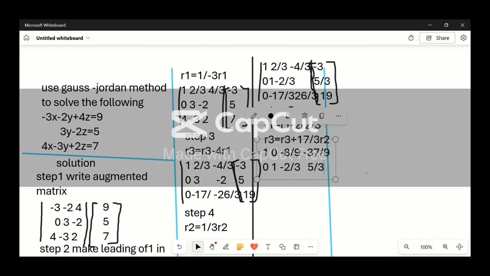For the third row we have 0 and 0, then for the third part 64 out of 11. Is it correct? Not correct here. And you have here 0, and for the z you have 44 out of what?